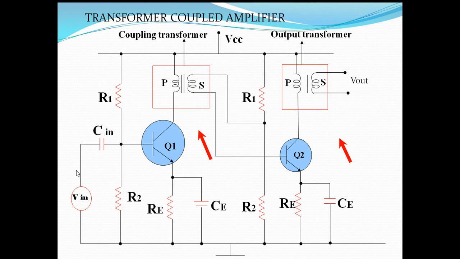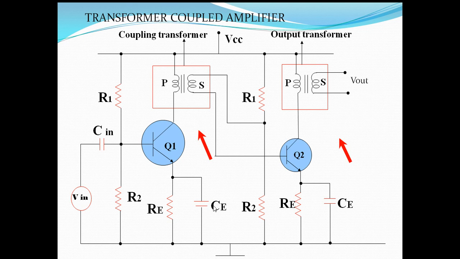This is the input voltage, input signal, and Cin is the input capacitor which is used to block DC if any. It lets only the AC signal into the amplifier stage. R1 and R2 provide the biasing voltage which is used to operate the transistor in the active region. RE provides the bias stabilization to the transistor to keep the operating point constant.